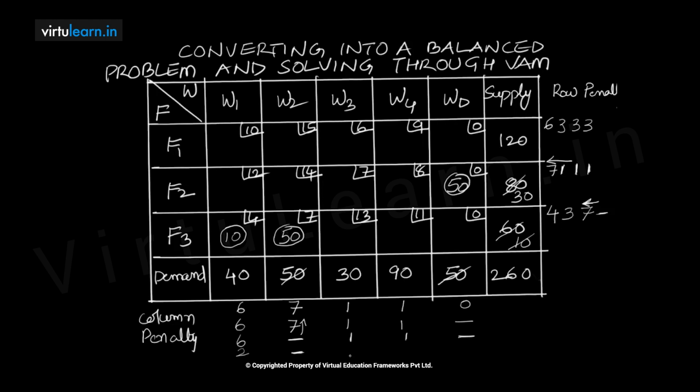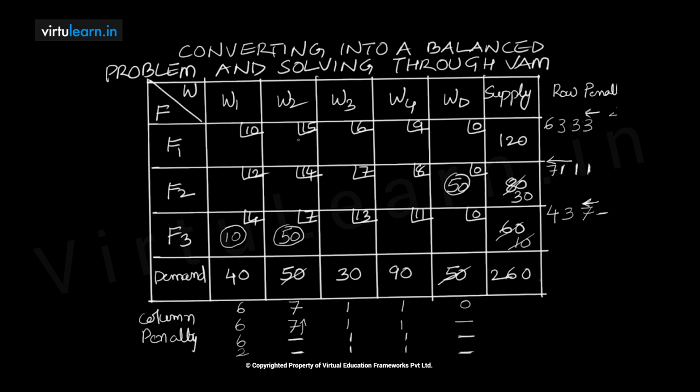Now here it is only 6 and 7, that is 1, 8 and 9, that is 1, and here this is also not applicable. So now among all these things we find this 3 is highest penalty, so we will take here this 3.